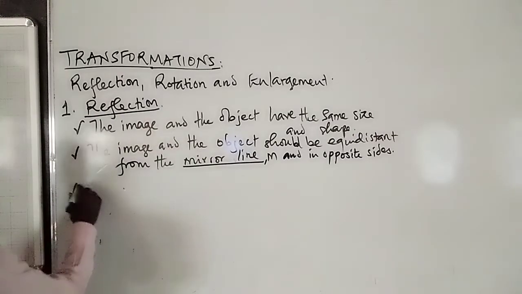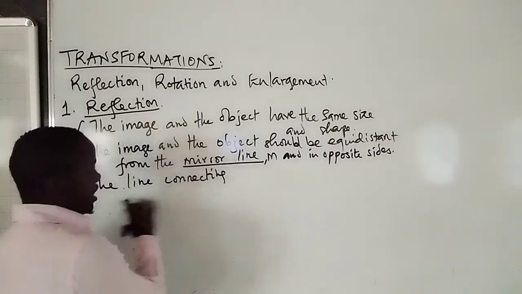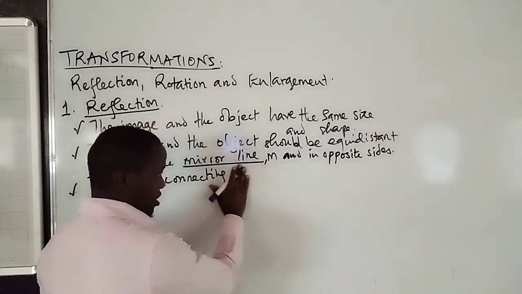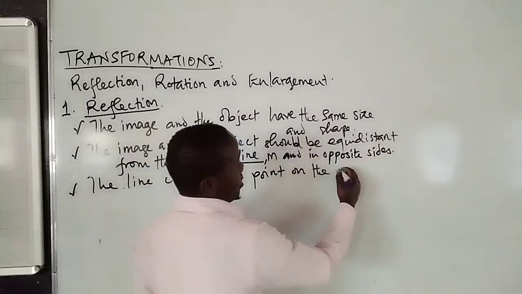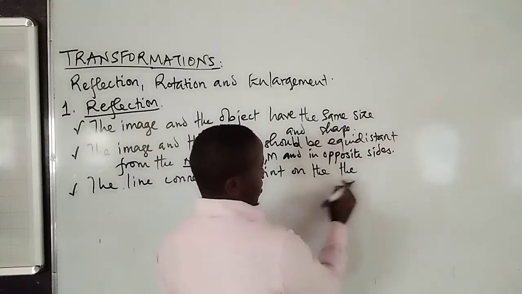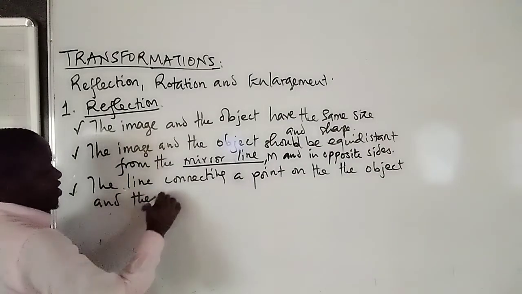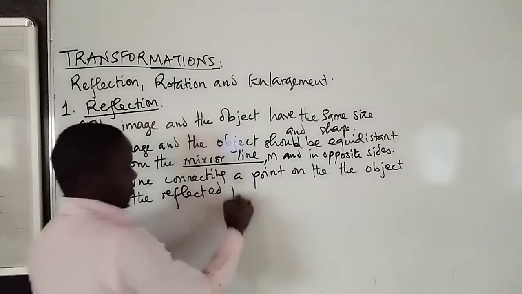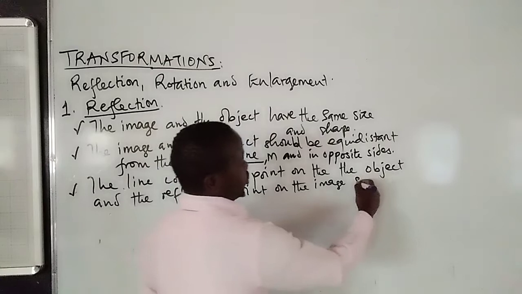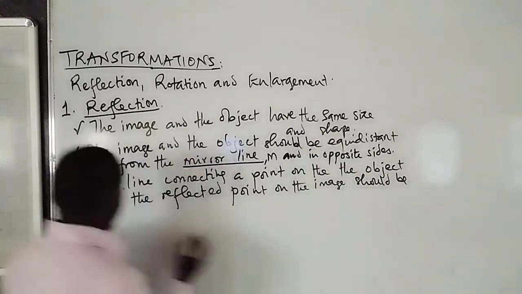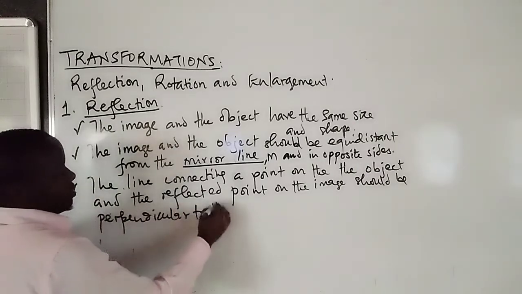And lastly, the line connecting a point or a vertex on the object and the reflected point on the image should be perpendicular to the mirror line.